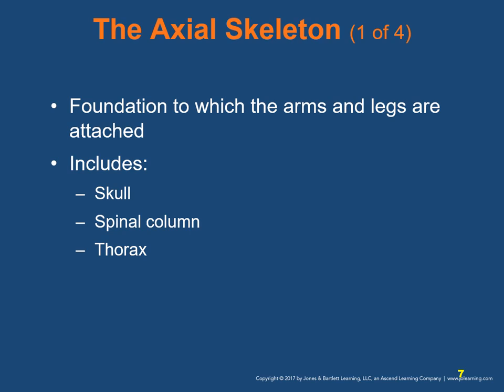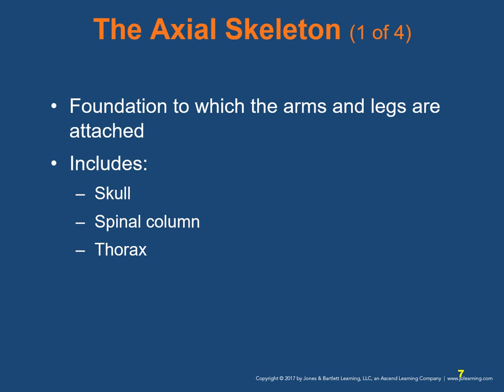The skeletal system is divided into two portions, the axial skeleton and the appendicular skeleton. The axial skeleton is the foundation to which the arms and legs are attached. This includes the skull. The cranium in the skull protects the brain and connects to the spinal cord through a large opening at the base of the skull called the foramen magnum, and the cranium is made up of 4 bones.